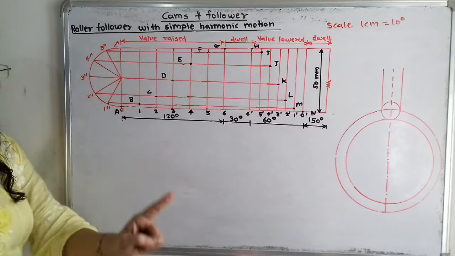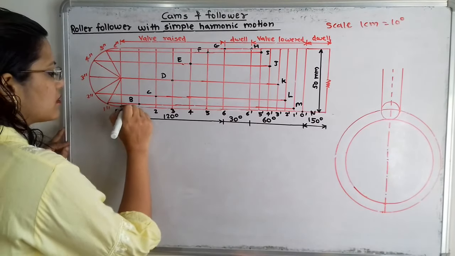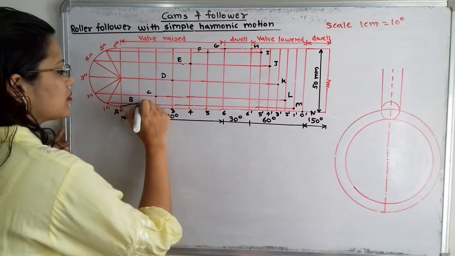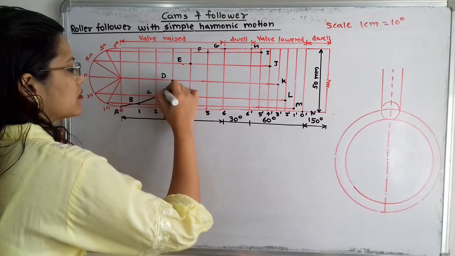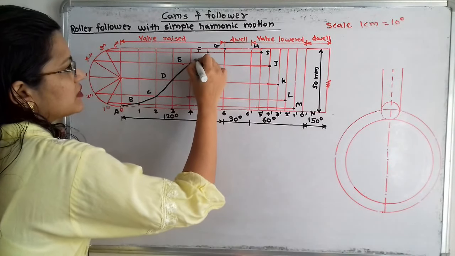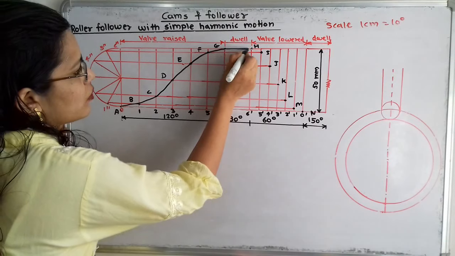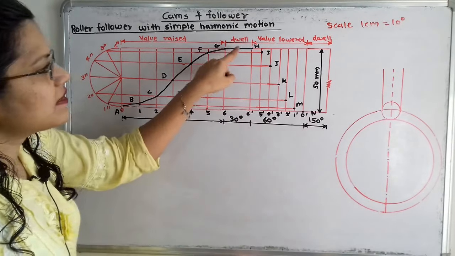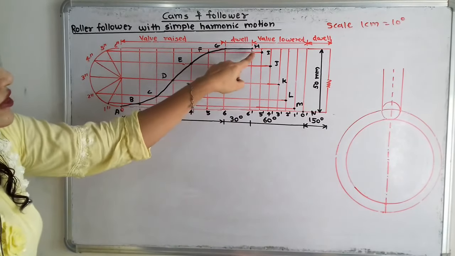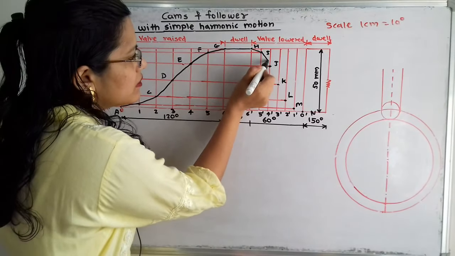So now we have to draw the profile. So I will draw here the smooth curve. Now during the 12 period it remains constant, that is the valve is getting raised at this position only, and then here it is getting lowered.